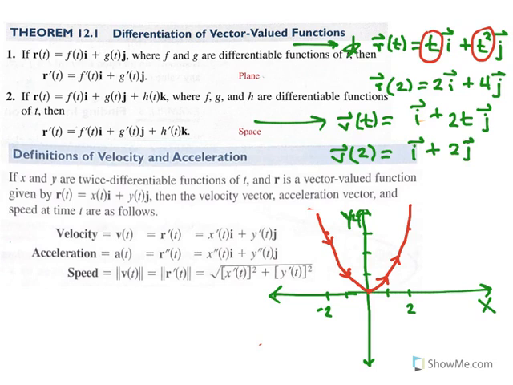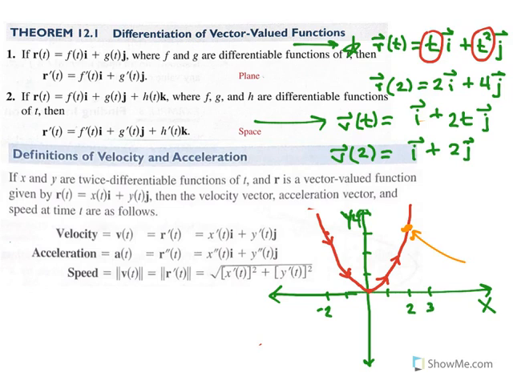And in fact, I can sketch this velocity vector at the point corresponding to the object's position at time t is equal to 2. Where is the object at time t is equal to 2? It's right here. And the velocity vector at that time has a horizontal component of 1 and a vertical component of 2.